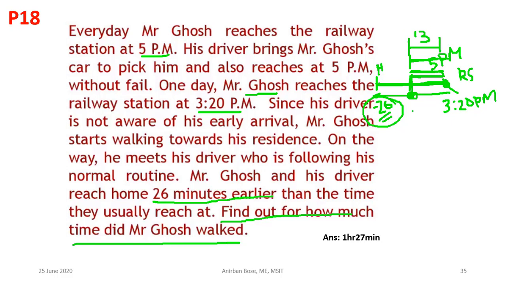So at this position, the time is 4:47 p.m. So if this point is 4:47 p.m. and Mr. Ghosh started walking at 3:20 p.m., then how much time did Mr. Ghosh travel? 1 hour 27 minutes. That's all.